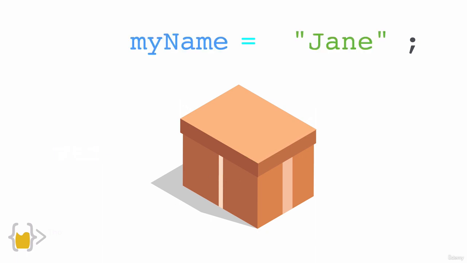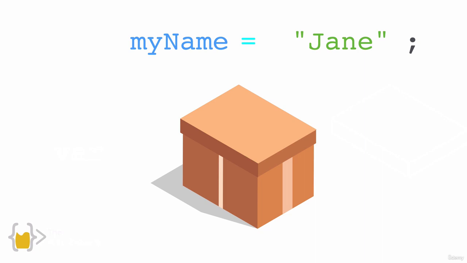Now, the special feature of a var, and why it's called a var, is because it stands for the word variable. So that means you can vary the data that you keep inside it. So in the next instance, if I decide that I didn't really like my name and I wanted to change it, then I can tap into that same container by writing its name, in this case my name, and I can set it to equal a new value.